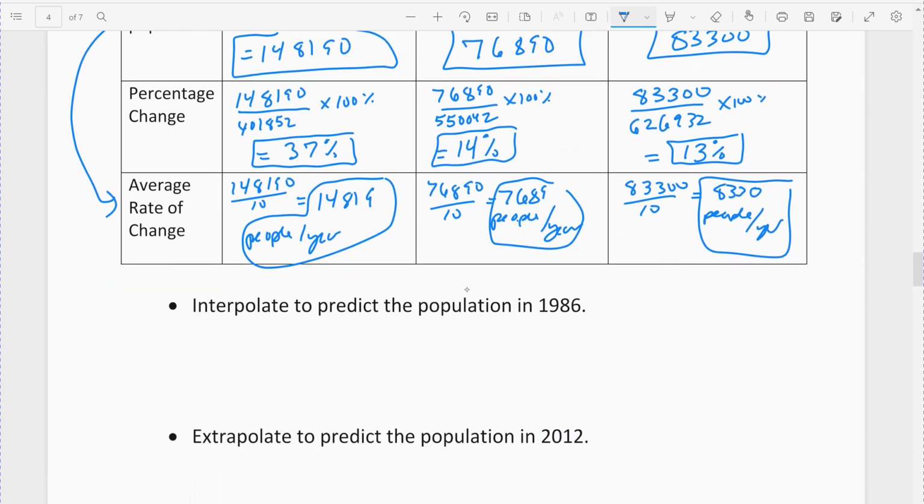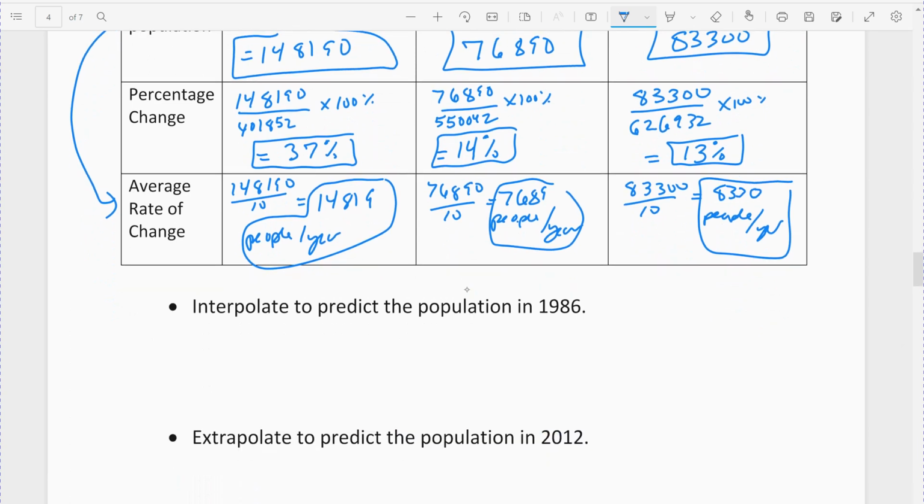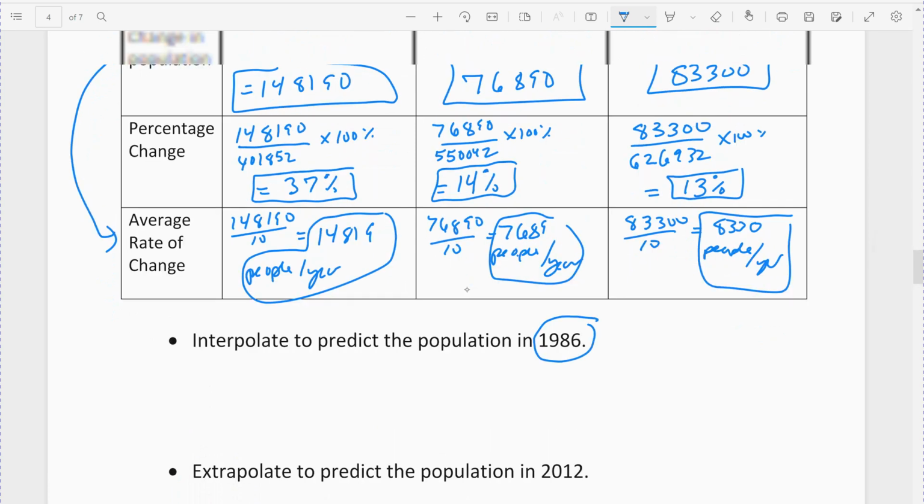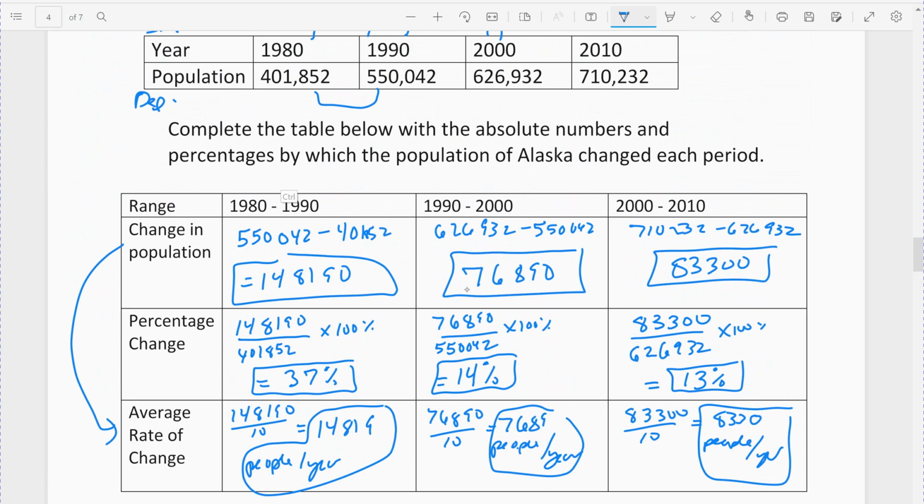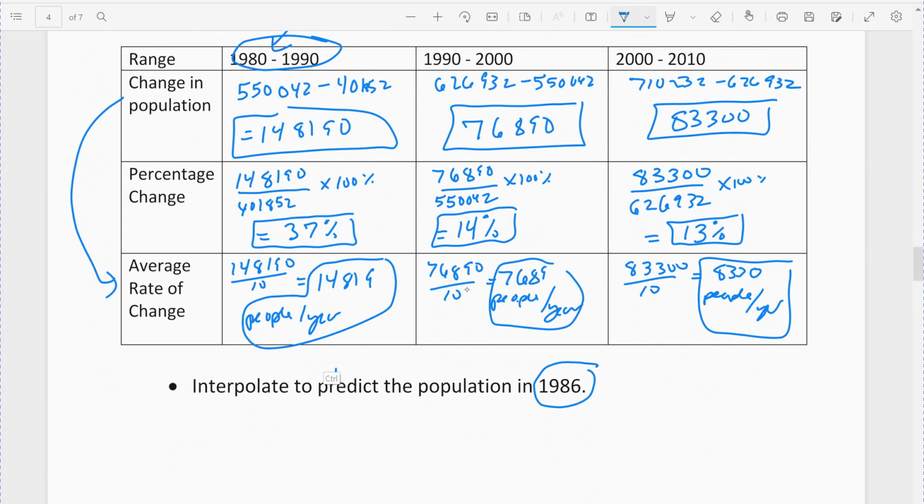All right, so the last thing we're going to do on this problem is an example of interpolation and extrapolation. For interpolation we want to predict in 1986, so let's make sure I get the right years. 1986 would be between 1980 and 1990, so I am going to use the average rate of change between 1980 and 1990, 14,819 people per year.